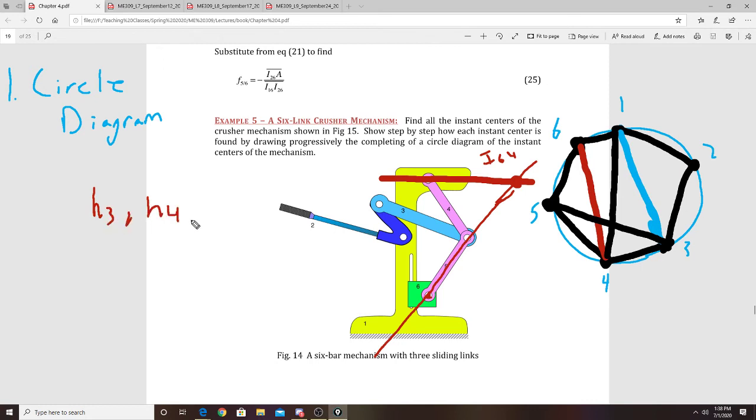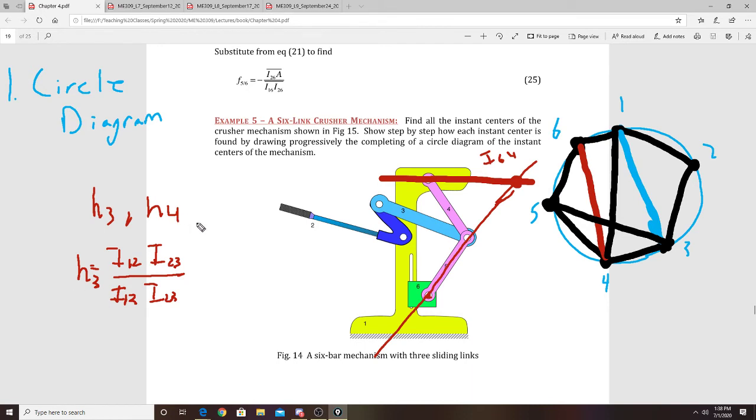And because you know what the equation is, H3 is equal to I 1, 2, I 2, 3 divided by I 1, 3, I 2, 3. I think that's what it was. But essentially, if you look right here on the page, these are the only instant centers you need to know for finding H3. Would you agree?